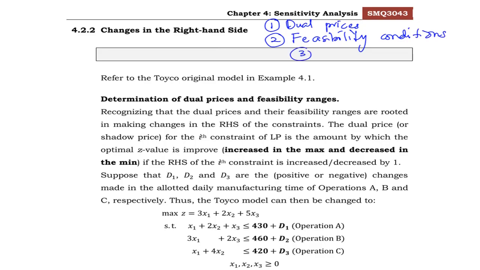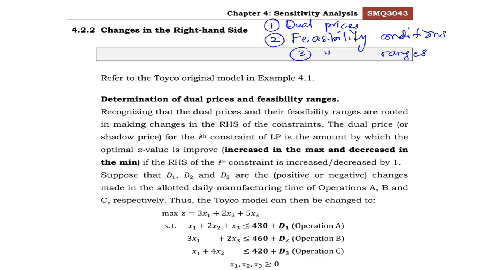And the last one is the feasibility ranges. You can get this range from the condition. Same as before, same as changes in the objective function coefficient.